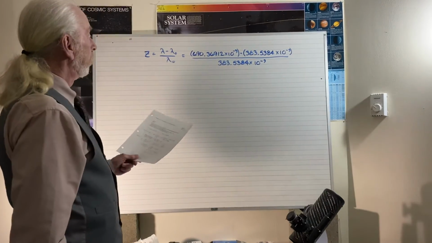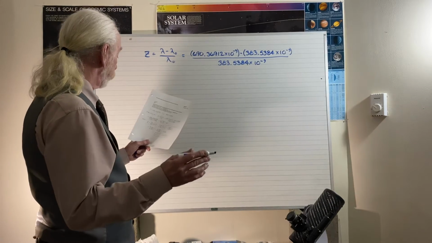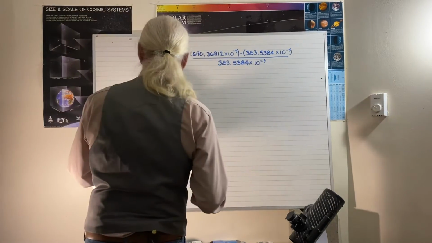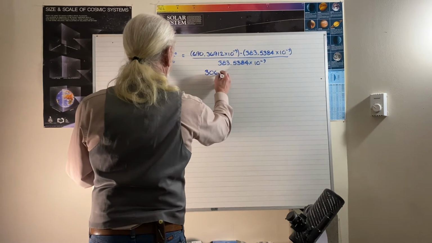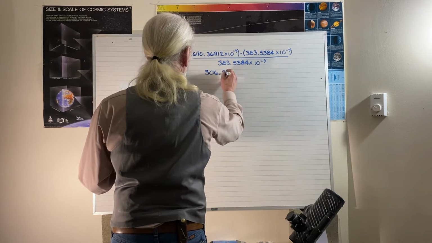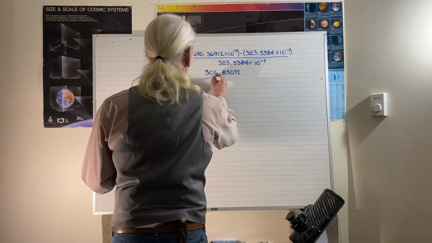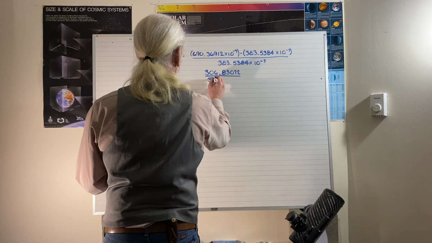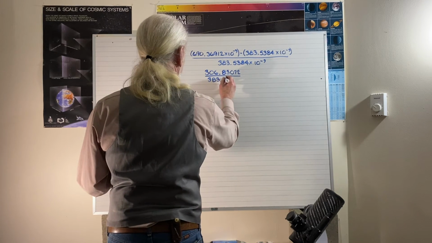Okay, so now we know that these powers of 10 are going to cancel out, so we'll go ahead and keep this a little bit simpler. So that's going to give us 306.83072 over 383.5384.